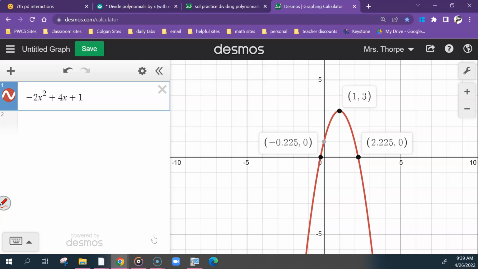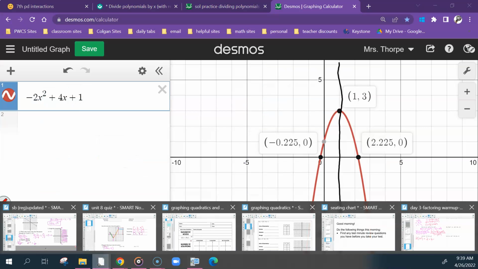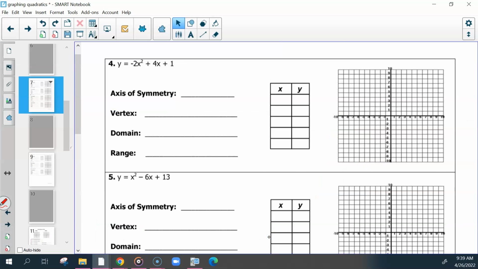Also, without doing any work, because it gives us the vertex, we also know what the axis of symmetry is, x equals 1, which means there's an invisible line here at 1, splitting this down the middle. So we can fill in those. We are still going to fill in this table, but I'm going to show you how Desmos will help you do that.